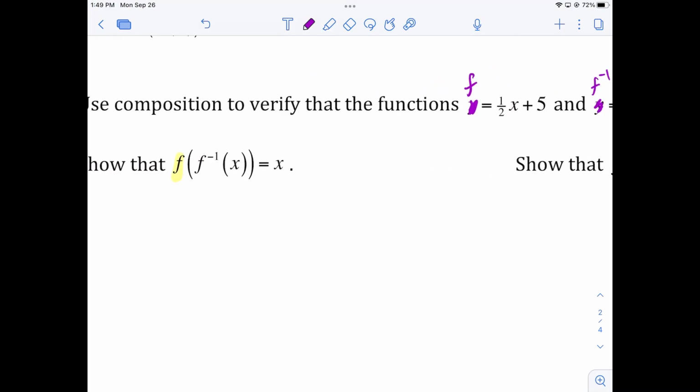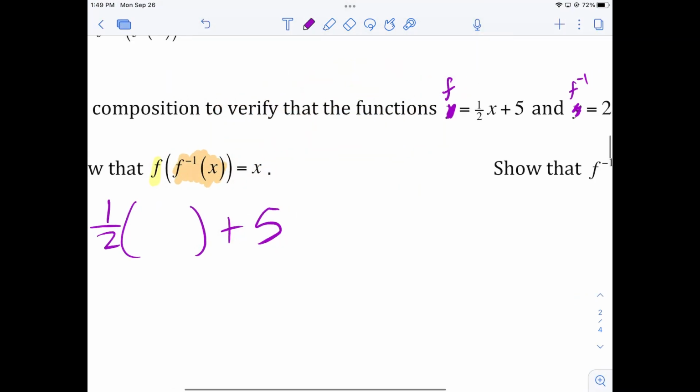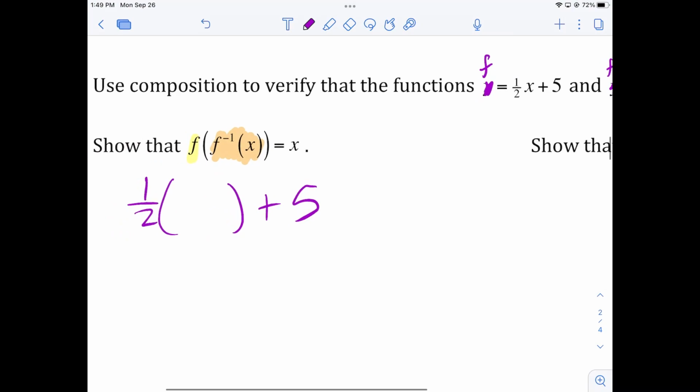All right, so f says that I do 1/2 times the input plus 5. That's the function f. And now what do I plug inside there? I plug in f inverse. What is f inverse? It's 2x minus 10. So into the function f, instead of placing a number, like 1/2 times 1 plus 5, I put a whole other function, f of blob, right?